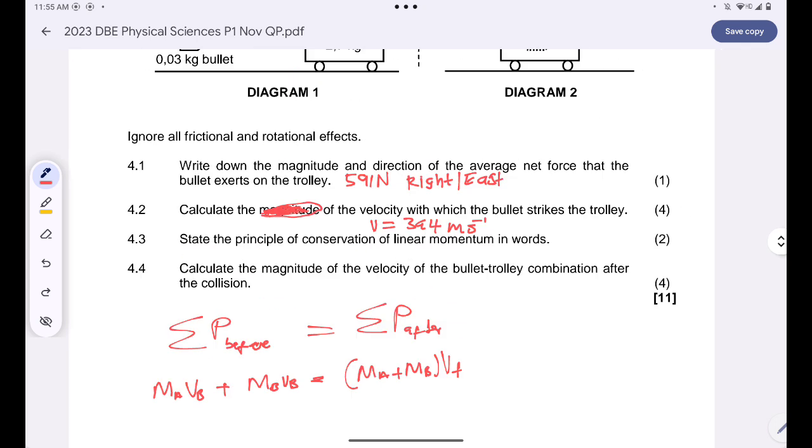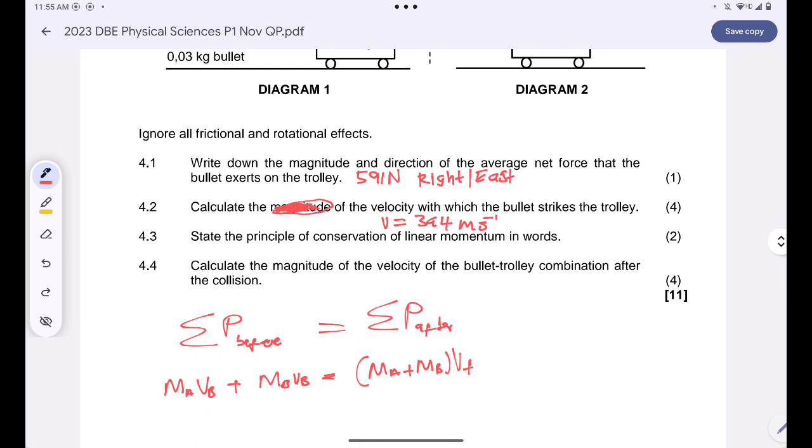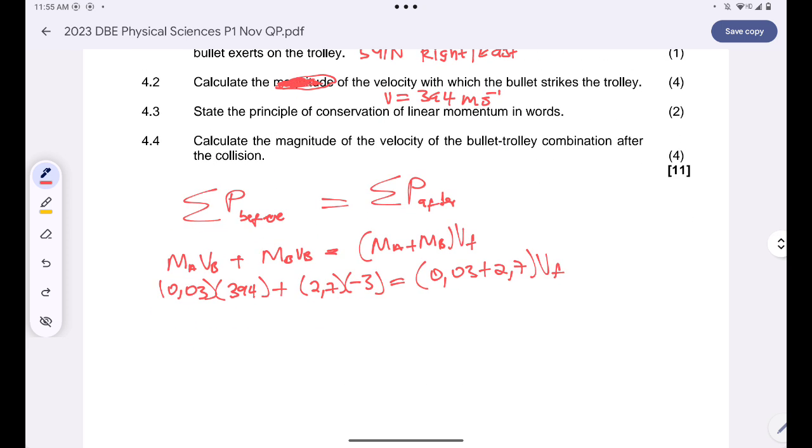If I take my bullet as object A, and the trolley as object B, my mass for this one will be 0.03, and the velocity is just 394, plus I have 2.7, and the velocity is negative 3, and then I'll have 0.03 plus 2.7 multiplied by the final velocity.